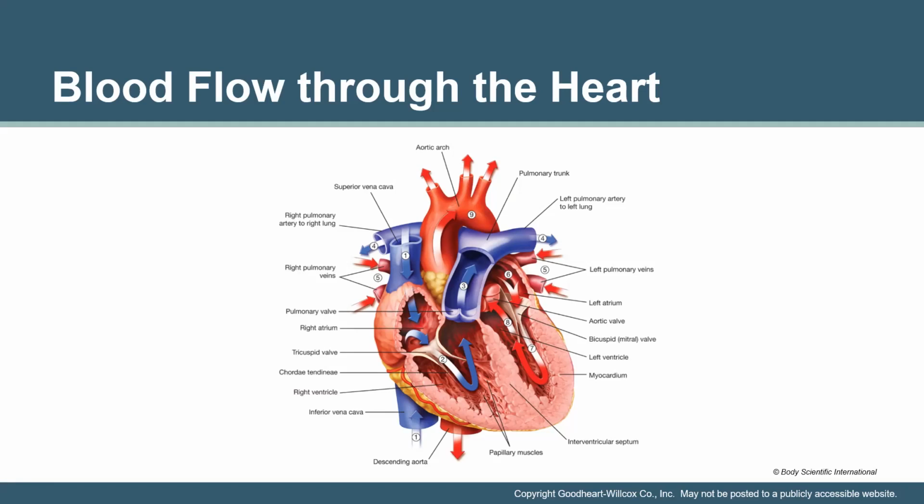If you walk through this blood flow map, you'll see that again. The pulmonary artery takes deoxygenated blood out of the right ventricle to the lungs for oxygenation. When the blood is reoxygenated, the pulmonary veins carry the oxygenated blood back to the heart and put it into the left atria.